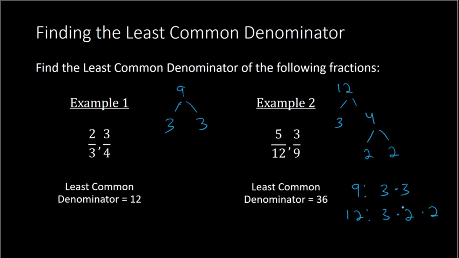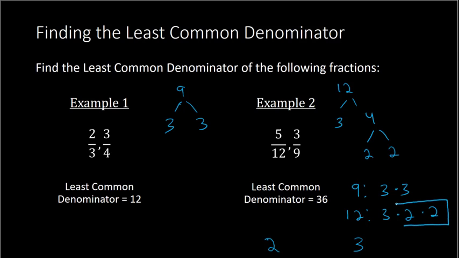And then once we have these written as a product of prime factors, we look at the factors we have. So we have 2's and then we have 3's. Now we take a certain number of 2's and 3's. The question is, how many of each do we take? Well, we take the one with the most.